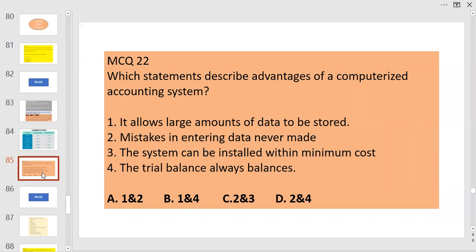Here it is basically a theoretical question, so we will answer it accordingly. Now there is a myth or a misconception that the computer is perfect and it can do everything. Now we will just go to the options given here to see how far each is true. It allows a large amount of data to be stored.